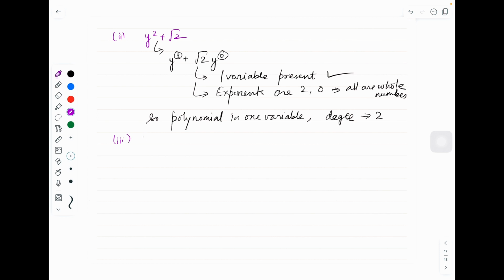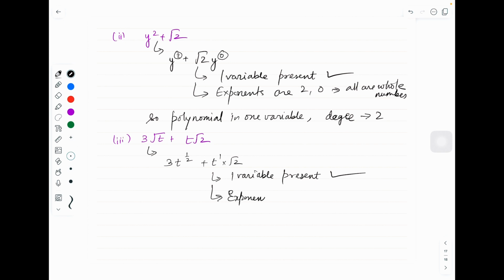The third question. Third is 3 root t plus t root 2. See, as I have already told in the previous section, root 2 can be written as 2 to the power 1 by 2. Plus this is t to the power 1 into root 2. So, first condition is what? One variable present. It's okay. Second condition is exponents.